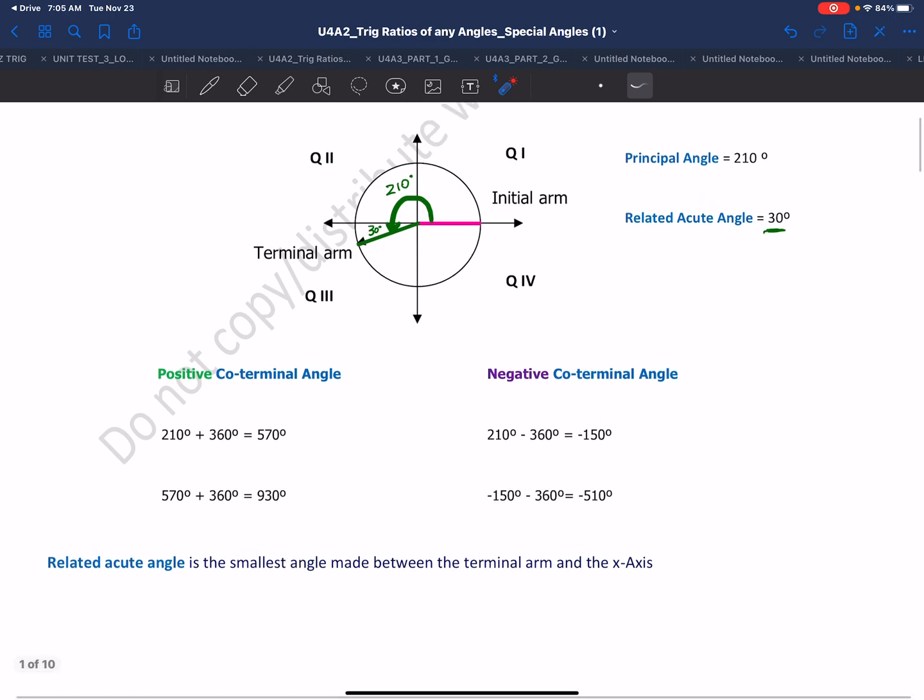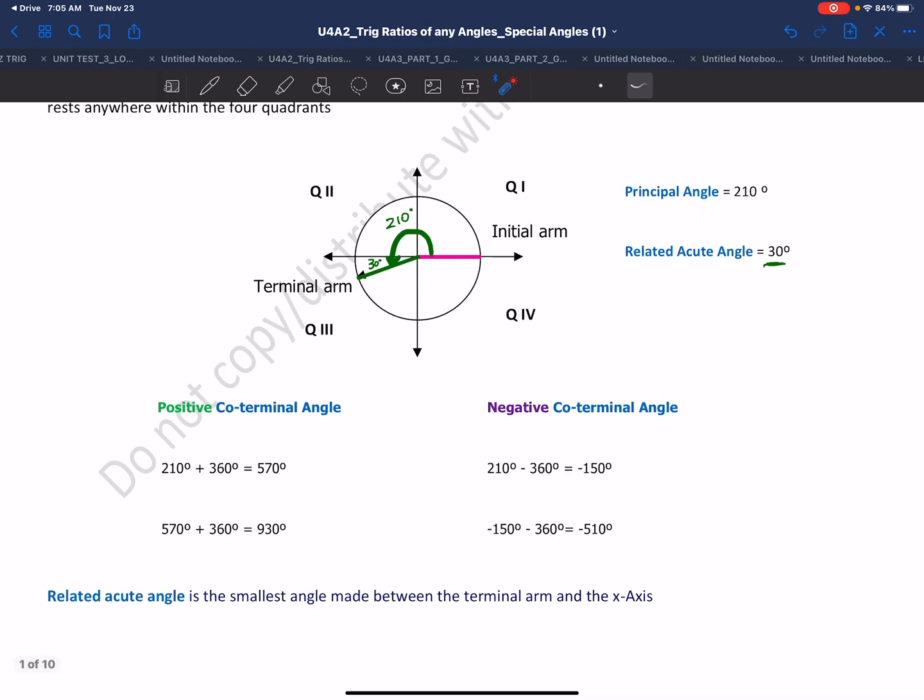Now, positive coterminal angles, what are they? Remember that the prefix co is short for the word common. So, common terminal angle means that angles will share the same terminal arm.